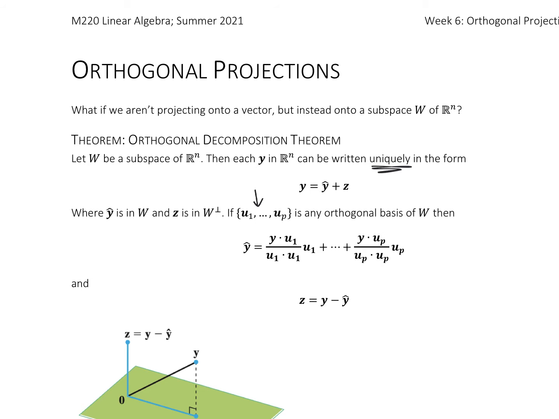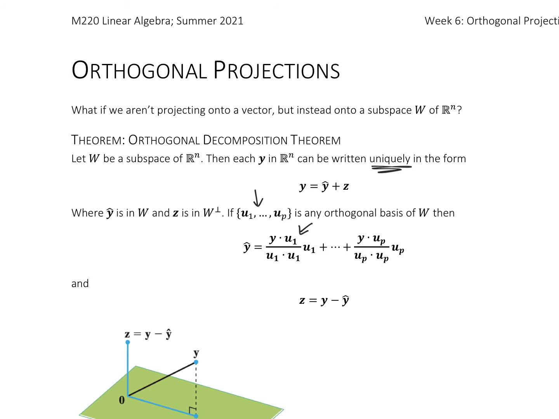So if we have an orthogonal basis for W, then our y hat is just the linear combination of those basis vectors.